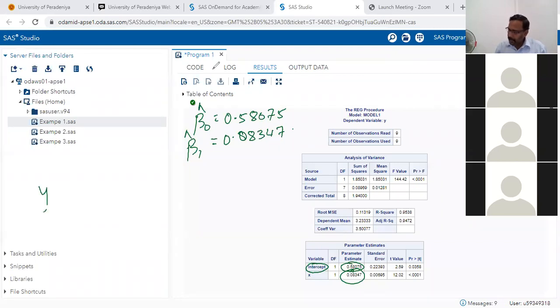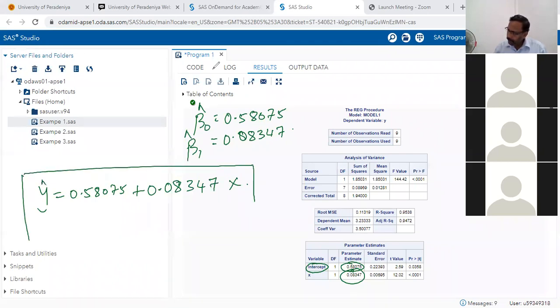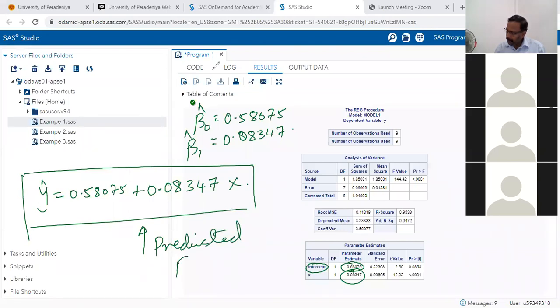So we can write down the equation as 0.58075 plus 0.08347 x. This is my predicted equation.